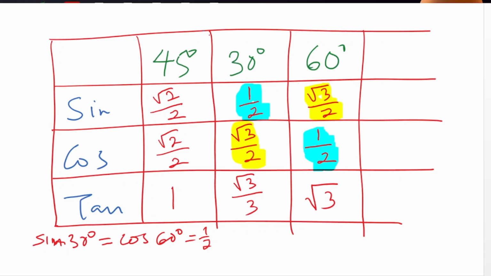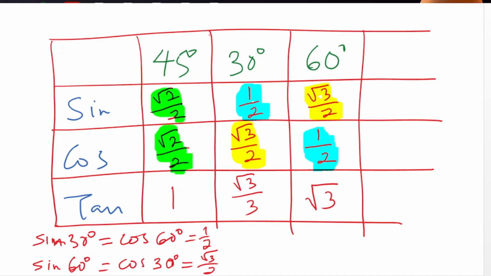So that is sine, just the opposite of it. Sine 60 degrees equals what? Cos 30 degrees. And that is root 3 over 2. You can see, just the opposite of it. And the last one we have is this root 2 and root 2 here.